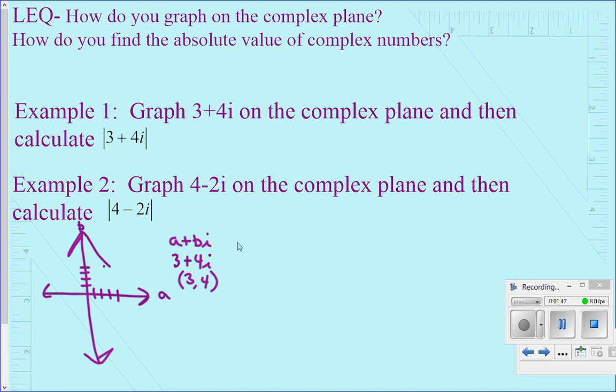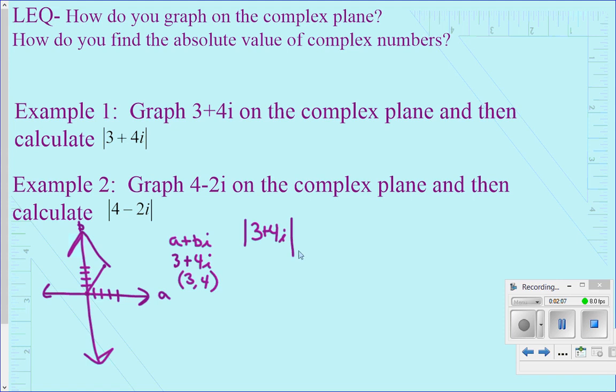First of all, what does that mean? What that means is that we're going to figure out what the distance is between that point on the complex plane and (0, 0). So in order to do that, I'm going to draw a line segment connecting (0, 0) with that point (3, 4).